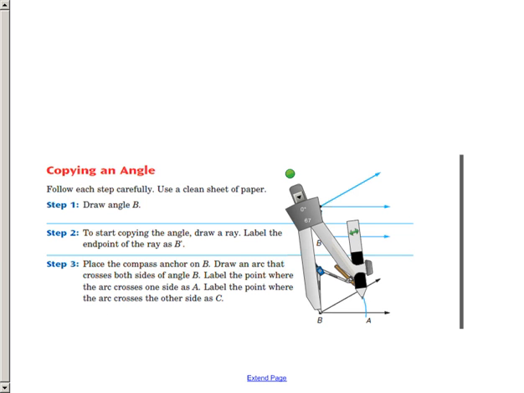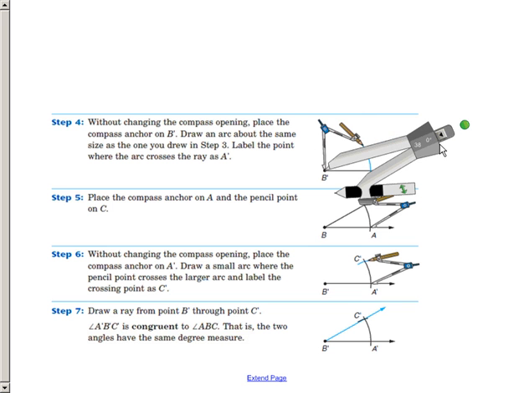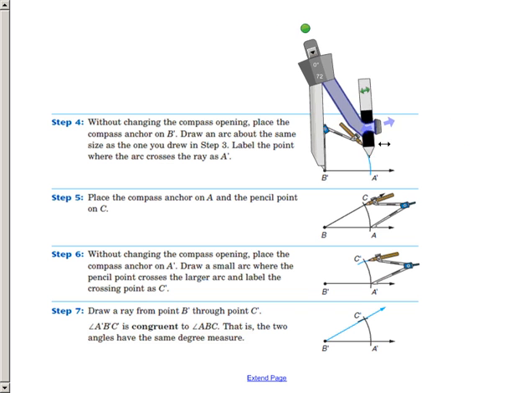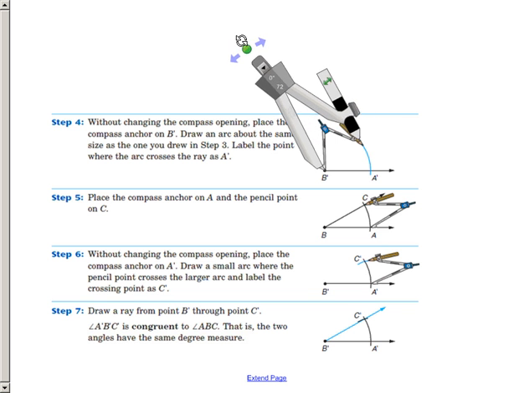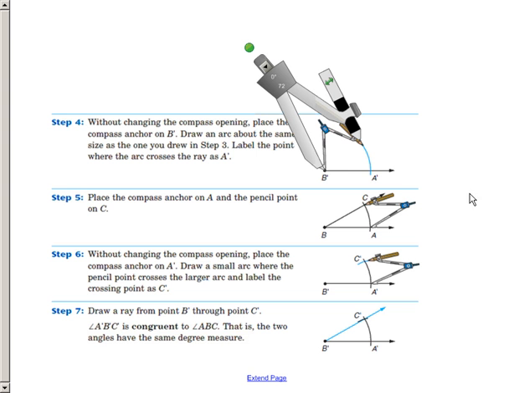You did it on an angle here. Now you're just going to do it on the ray. So we'll open this about there. And again, we'll be drawing an arc right on our ray.